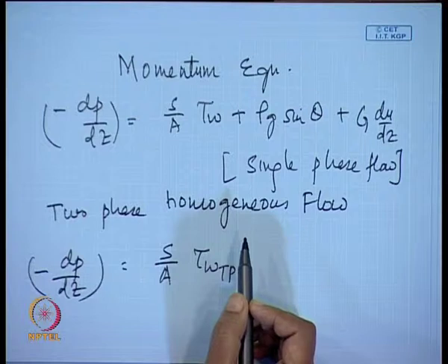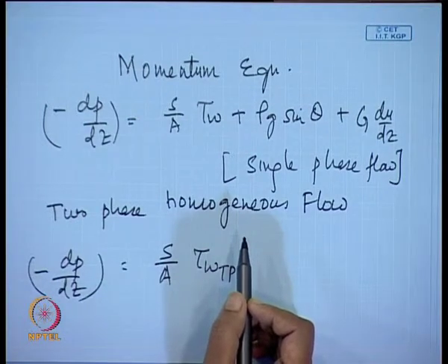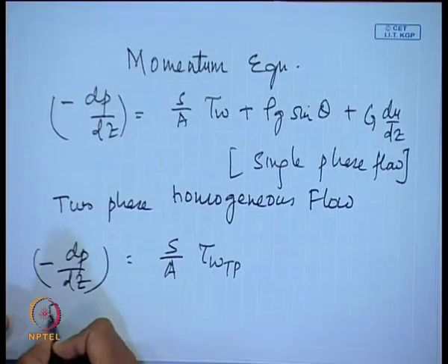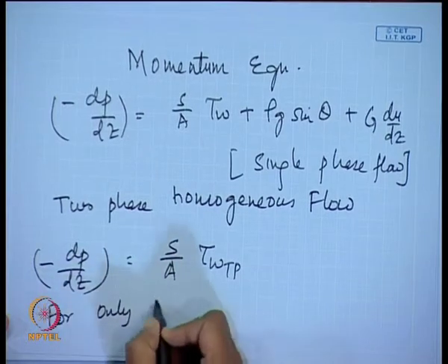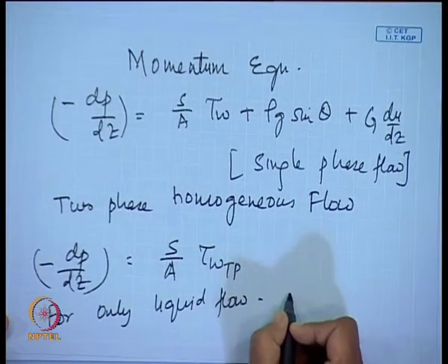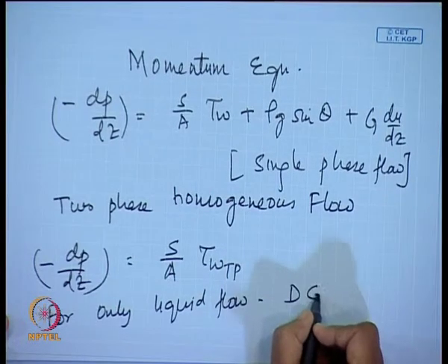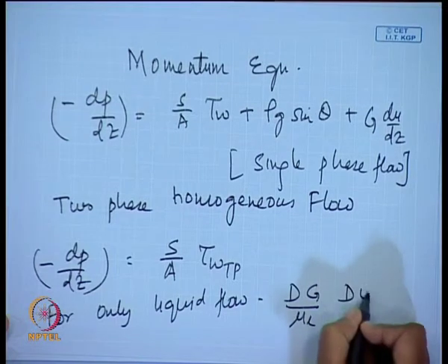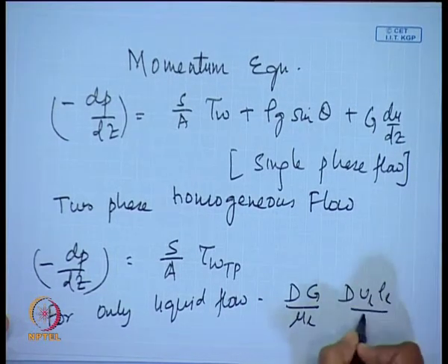If it is a function of friction factor, it is a function of Reynolds number. For only liquid flow, what is Reynolds number? It is dG by mu L, or in other words d u L rho L by mu L.